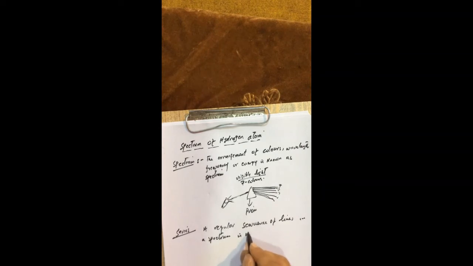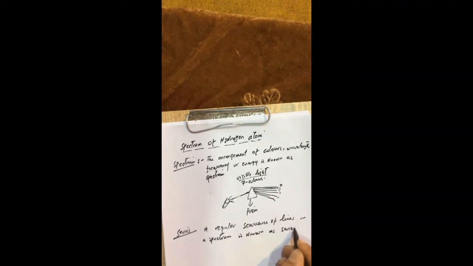Like if we have a sequence of lines, like 20 lines or 30 lines in a spectrum, then that is called a series. Now next it comes to the spectrum of hydrogen atom.